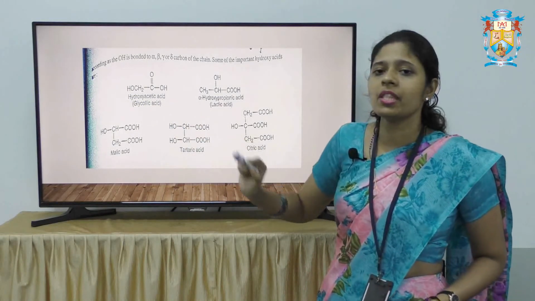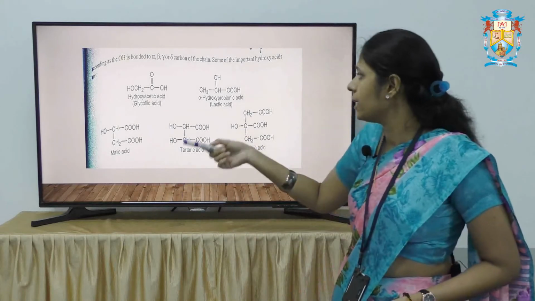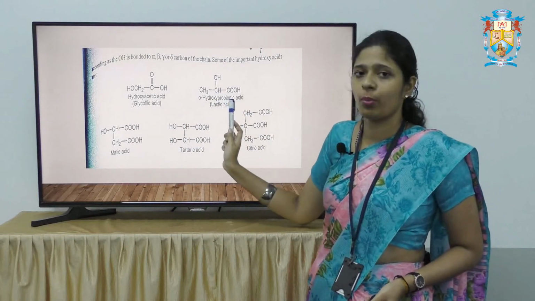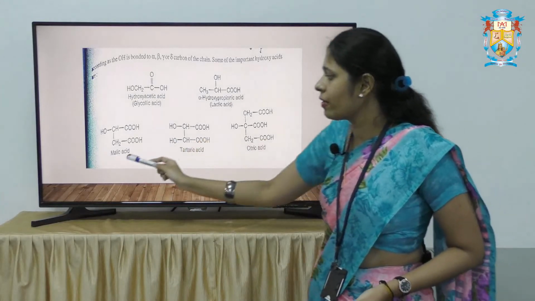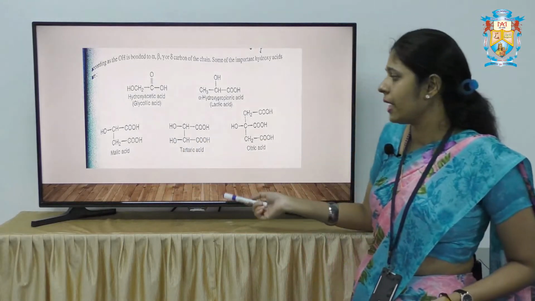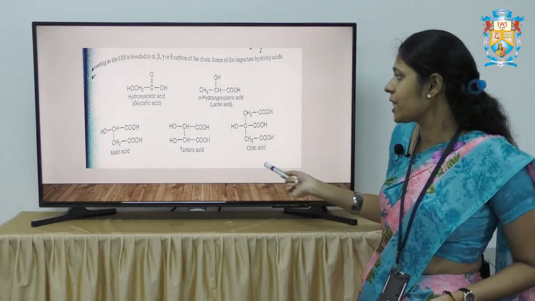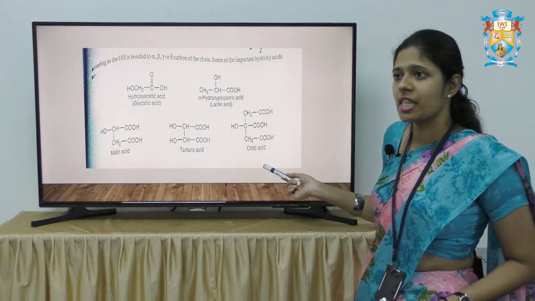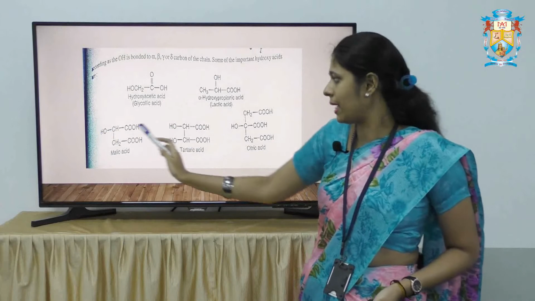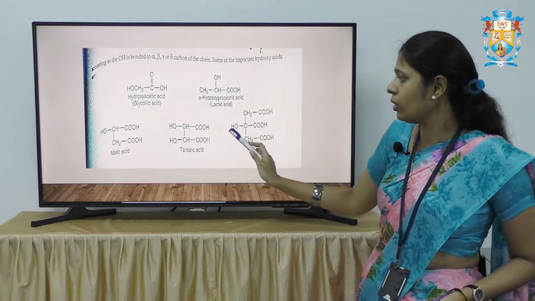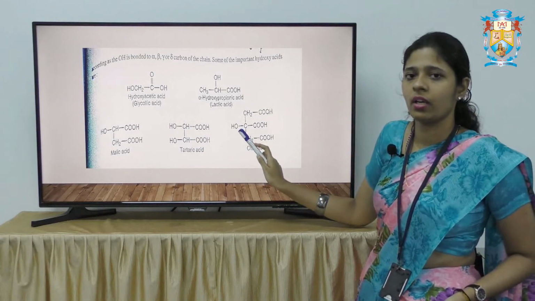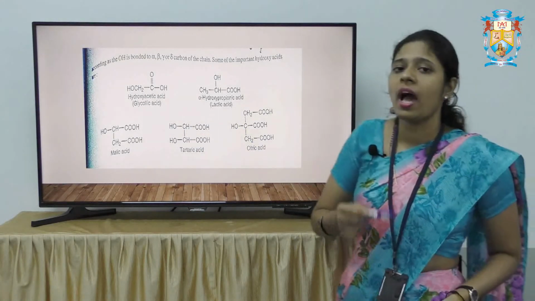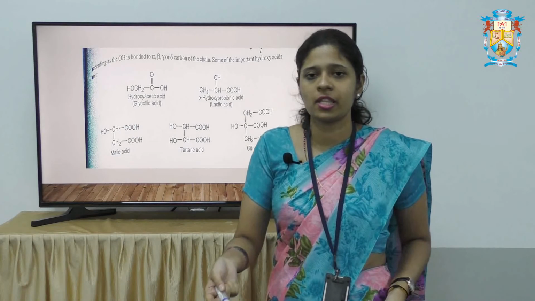The common name is glycolic acid. Next is alpha hydroxypropanoic acid, as we have seen in the previous slide. Then you have certain other examples, that is malic, tartaric, and citric acid. So you can see that the OH group is attached on every molecule, 1, 2, 3. Okay, so these are the examples of hydroxy carboxylic acid.